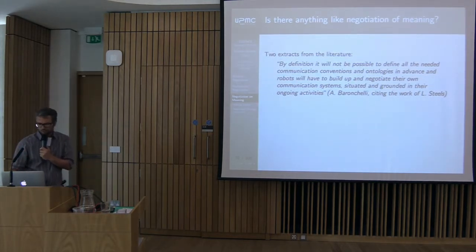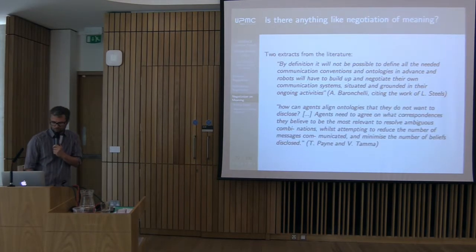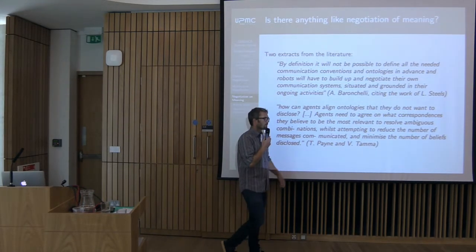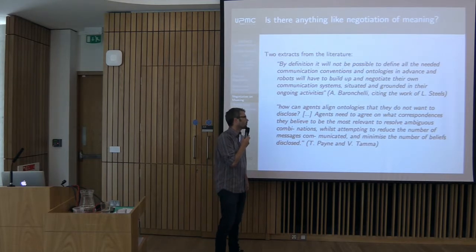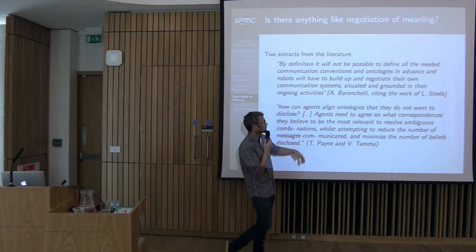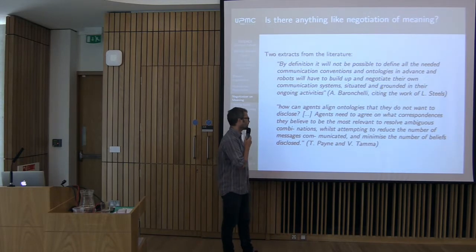But what does it mean exactly to negotiate this convention? Naming games are a kind of game involving this aspect. And more recently, I came across this work at AAMAS last year, I think, by Terry Payne and Valentina Tamma, who ask this question: how can agents align ontologies that they do not want to disclose? They would need to agree on correspondences they believe to be the most relevant, and solve ambiguities and so on.